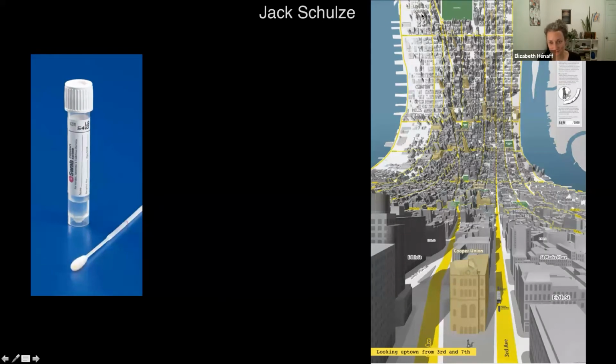And so in thinking about this instrument as a tool and as a way of knowing, I think it's interesting to think about the relationship and scale between the tool that you're using and the thing that you're studying. So in this case, we were using a swab, so that's at the resolution of a centimeter, to study all of New York City, which is at the resolution of kilometers.